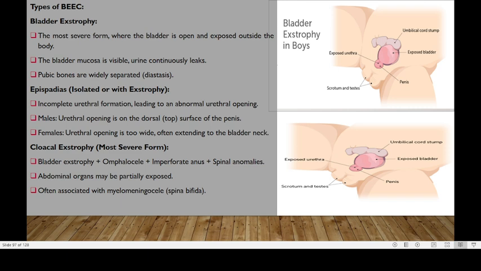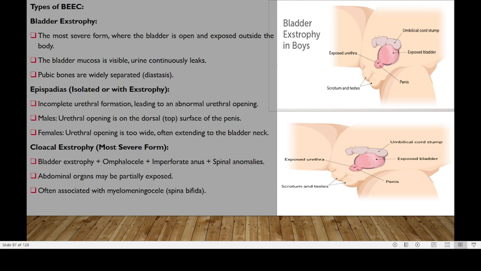Epispadias, that is, could be isolated or with exstrophy. This is incomplete urethral formation leading to abnormal urethral opening. So for the males, we could have the urethral opening on the dorsal, that is on the top side of the penis. The urethral opening is too wide, often extending to the bladder neck.